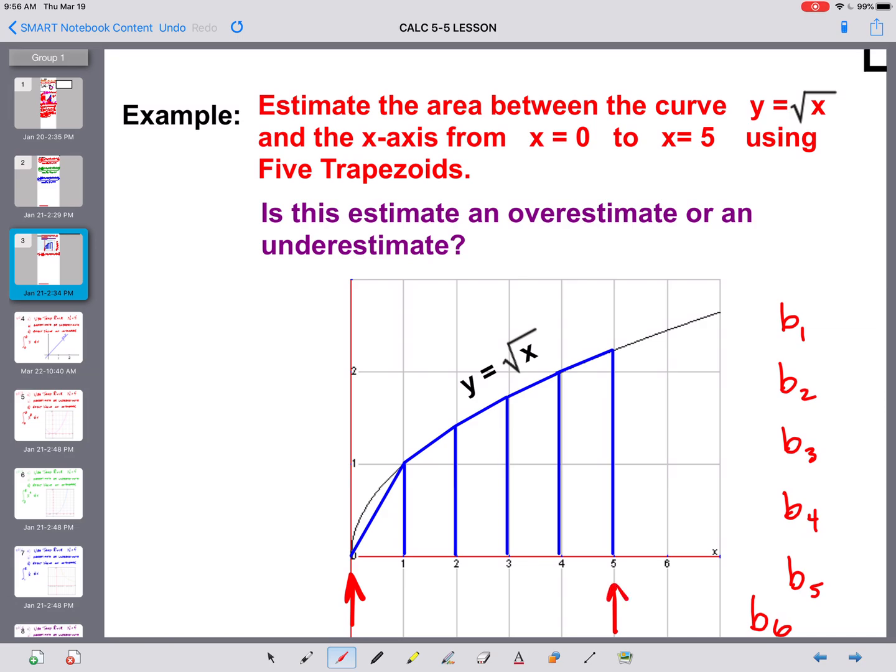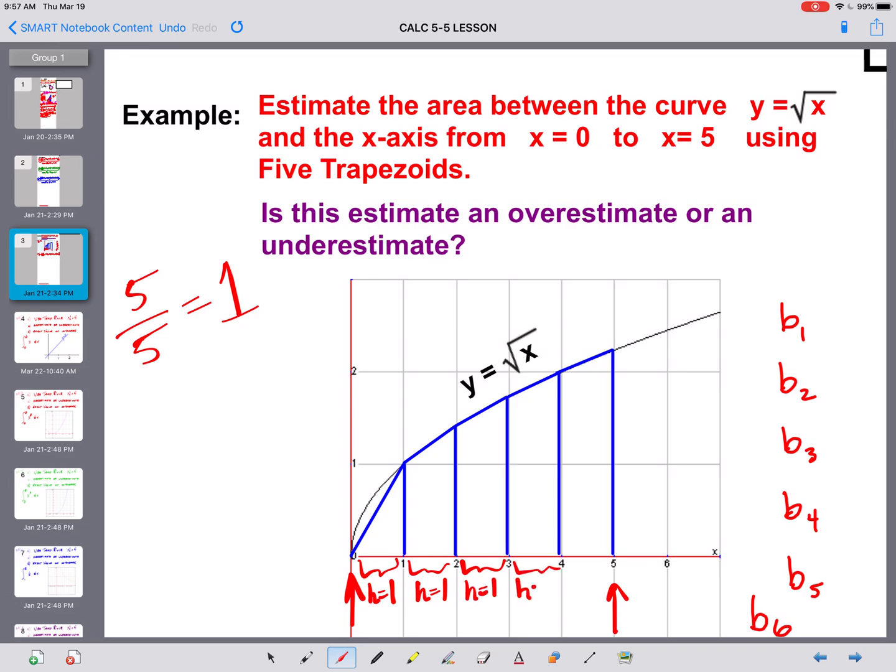We finish here. So think about that. That's 5 units. We're breaking it into 5 trapezoids. So yeah, 1 each height. There's a height right there. Height equals 1. Same thing there. Height equals 1. The height will always be the same.